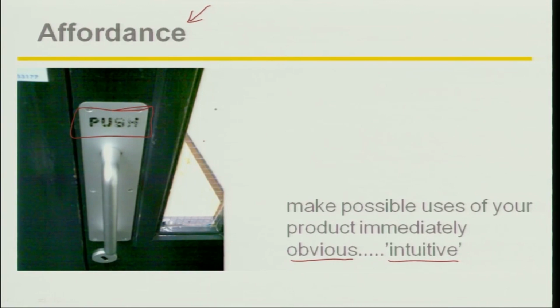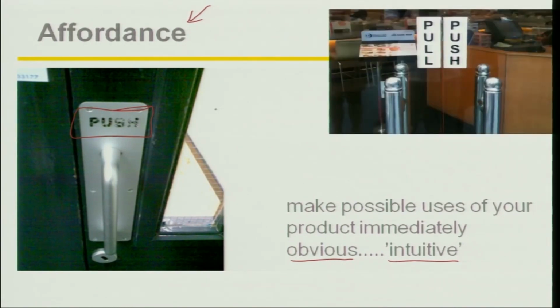When you look at a handle, perhaps the more natural notion is to pull it, right? Therefore they feel a need to say push over here. So over here you can see this side says pull and this side says push. Okay, so it comes with an instruction manual, a label with it.